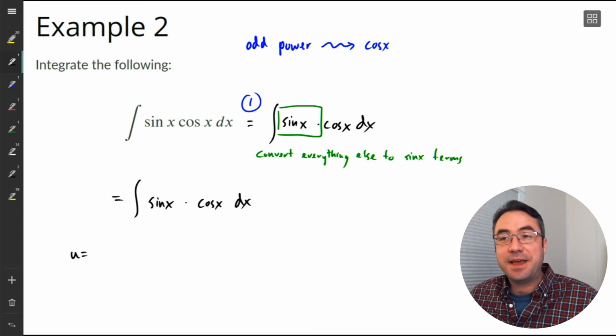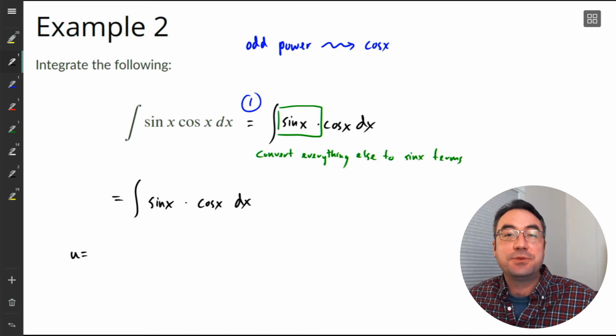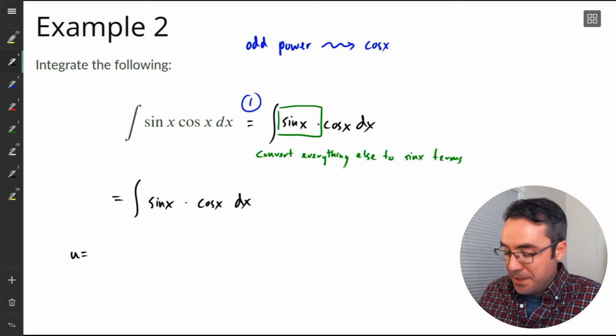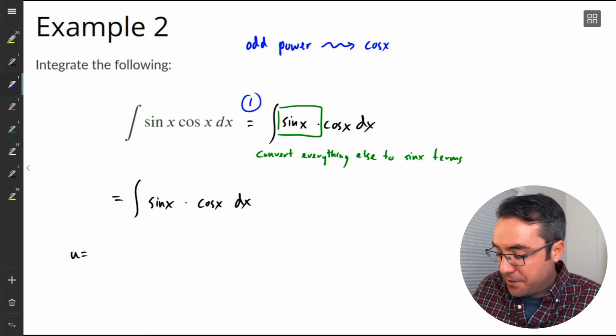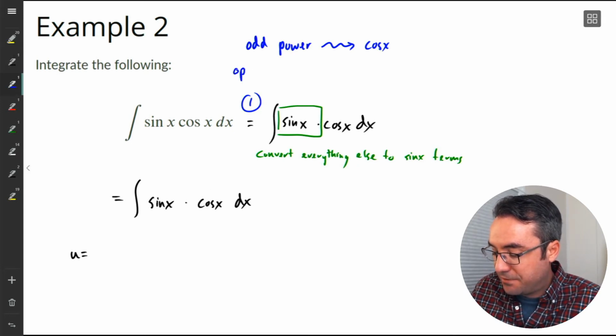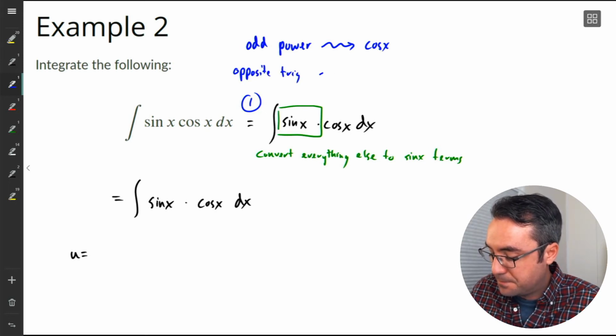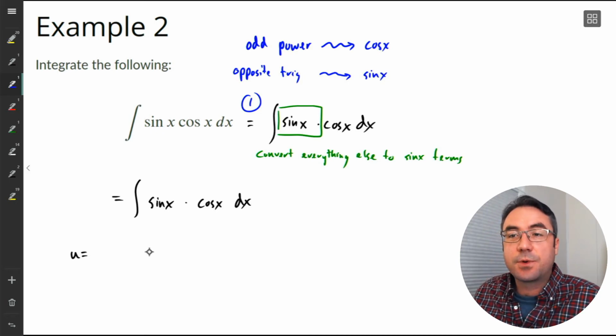So step three then is to identify our u substitution that we're going to use. So we said cosine was our odd power. So we're going to think of our opposite trig function as being sine. Sine of x. So that's what we're going to use for u.